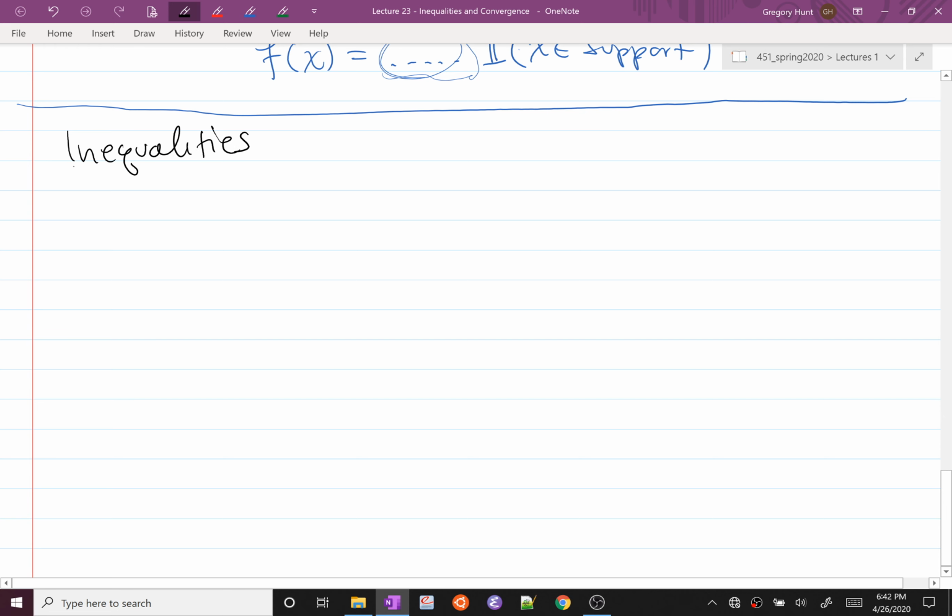And there are some really useful and basic inequalities that everyone should know about random variables. The first one that we want to talk about, so this is a theorem, is called Markov's Inequality.